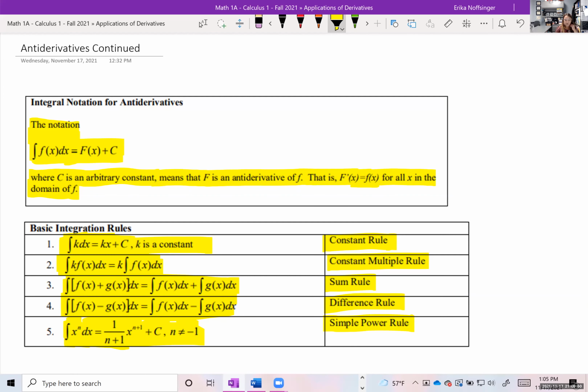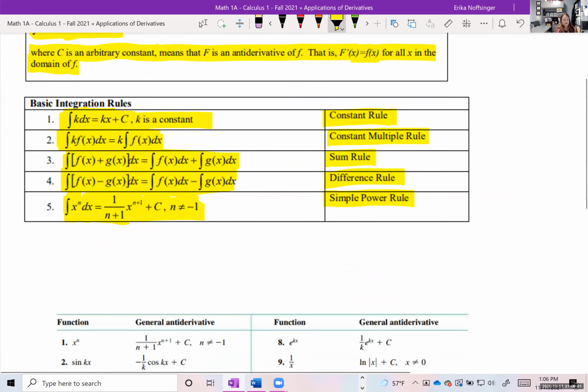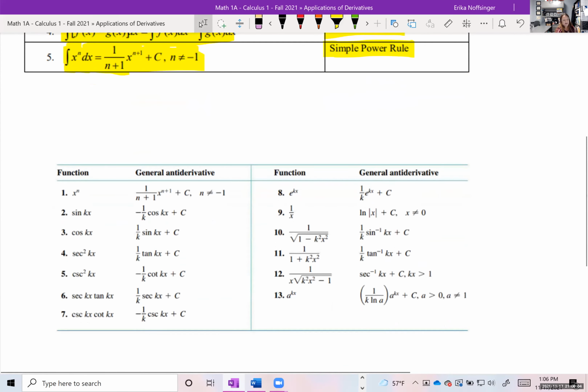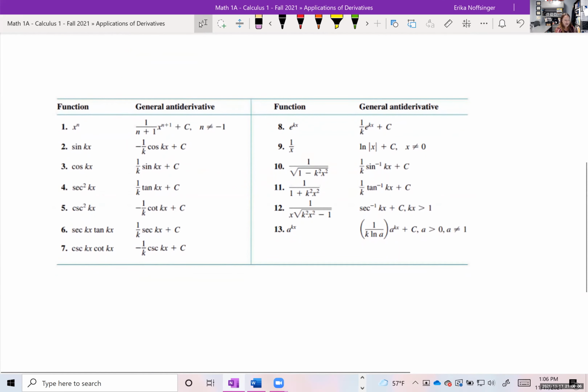So we were going through those values yesterday, and we started to look at the antiderivative of our trigonometric functions. So let me just give you the general rules, and we've covered some of those already.